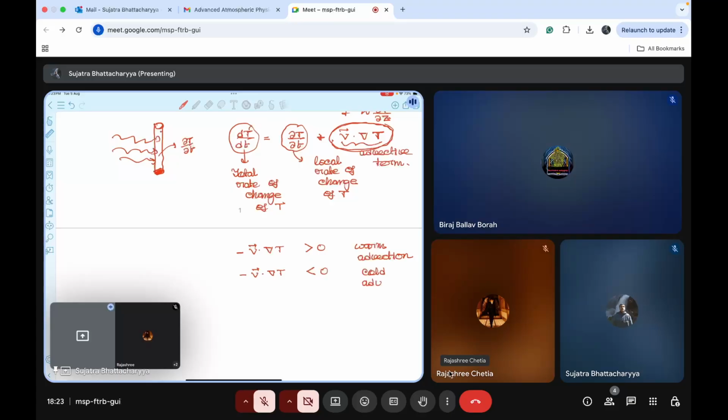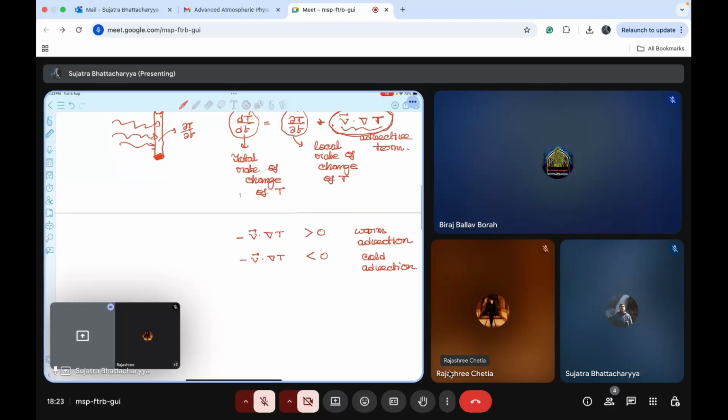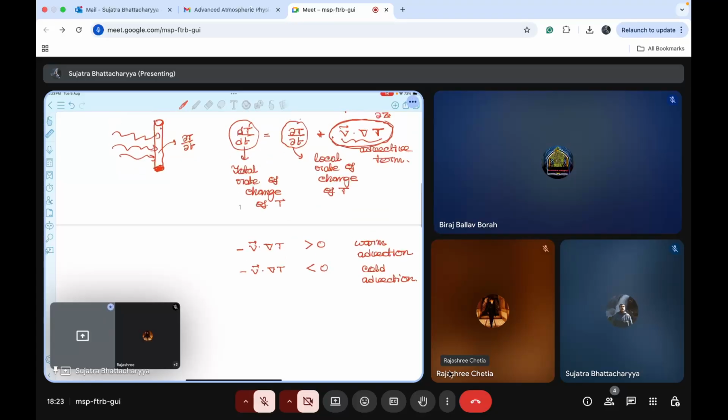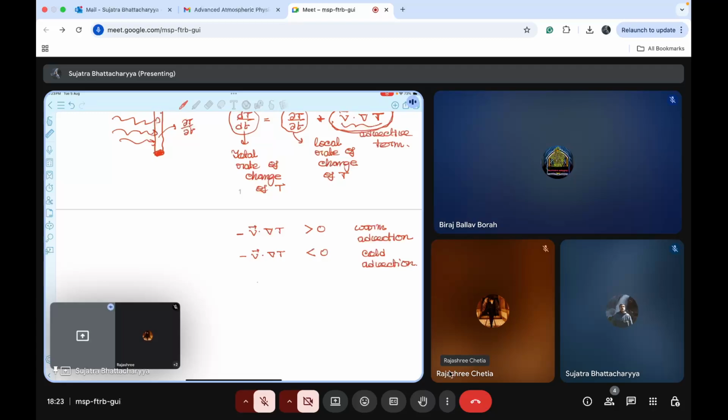That is coming from the cooler region. There is a reason for that. When people take observations of the temperature in a particular region, they flip the equation like this, because we want to know at this locality what the change in temperature is. So for that, you need this.